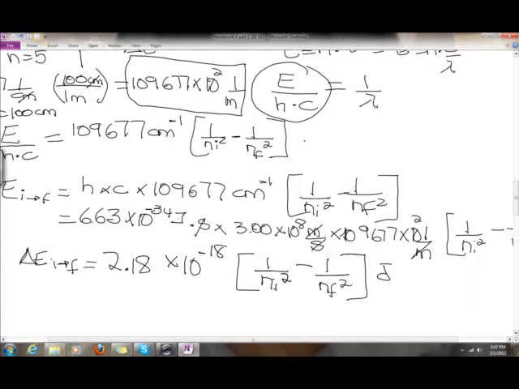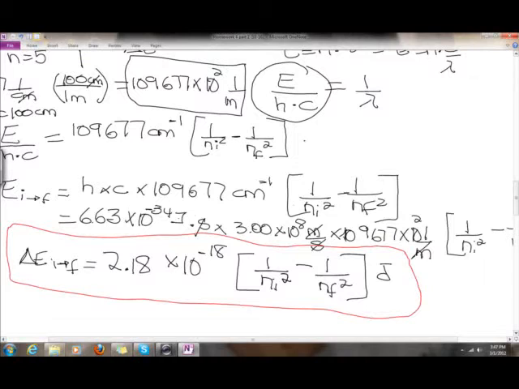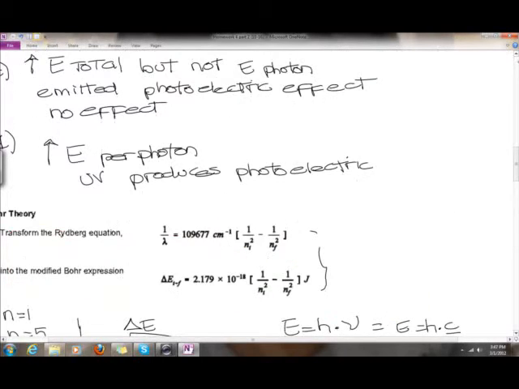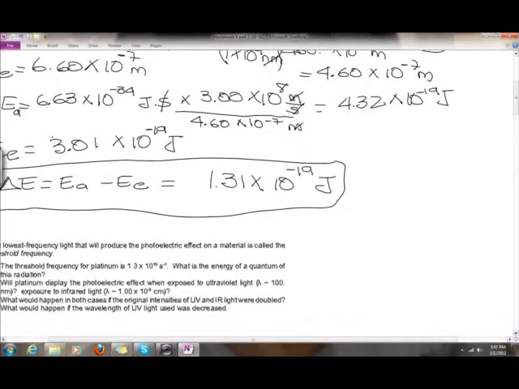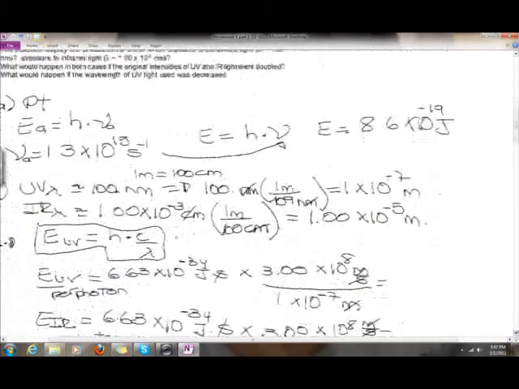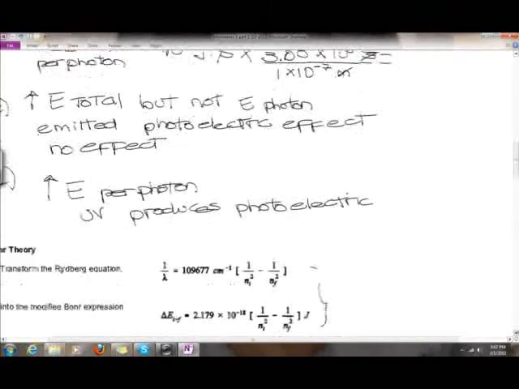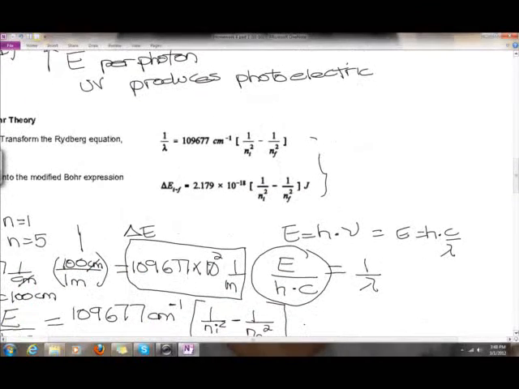Now let me get it in red here. Let's look up here at what we wanted to prove in this problem. It is the same, 2.179 by 10 to the minus 18.